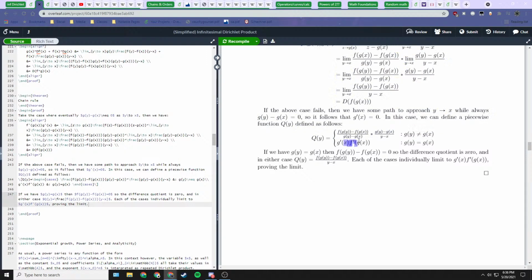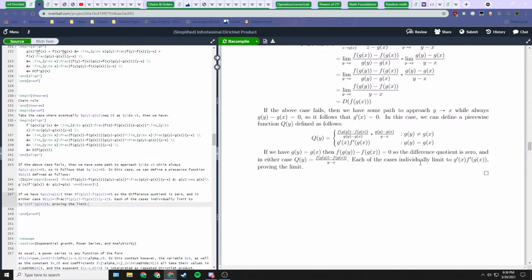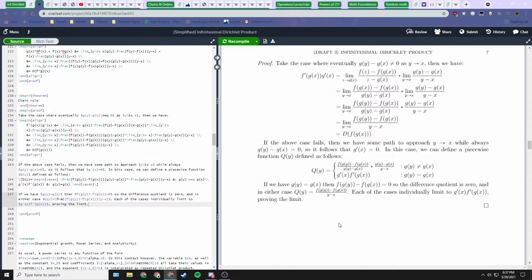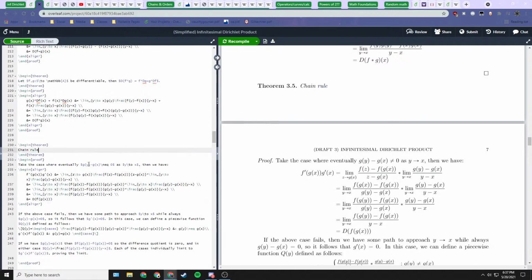This one is trivial because y is just not there, and this one has already been solved up here. So each of these cases individually limit to our g prime of x times f prime of g of x, and that proves the limit. And the limit is, I haven't actually put it in the thing, so that'll be the derivative.